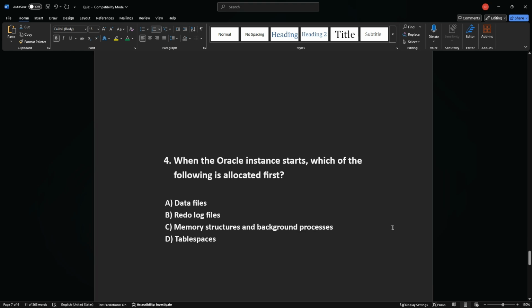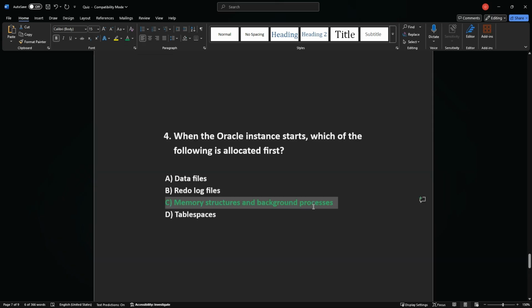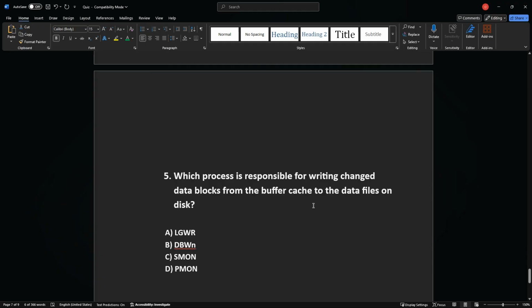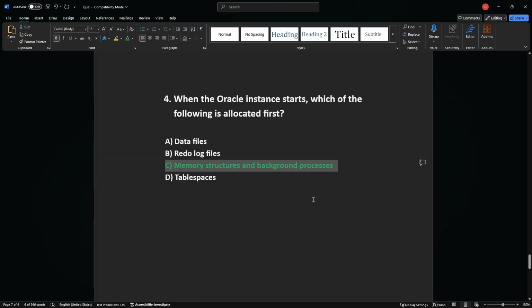Memory structures and background processes. Yes, absolutely correct. Whenever you start a database, it first starts with the allocation of memory and then background processes.